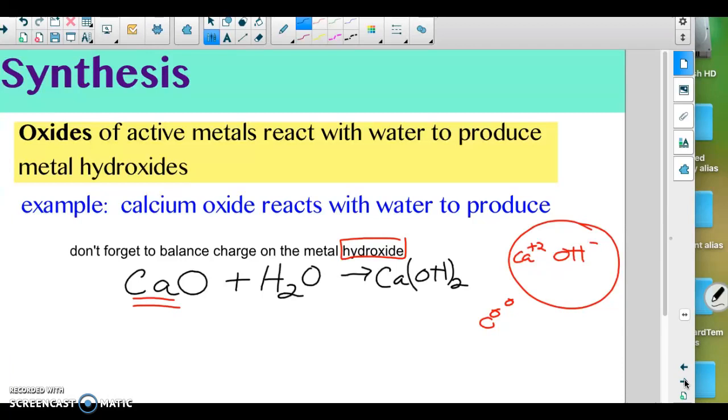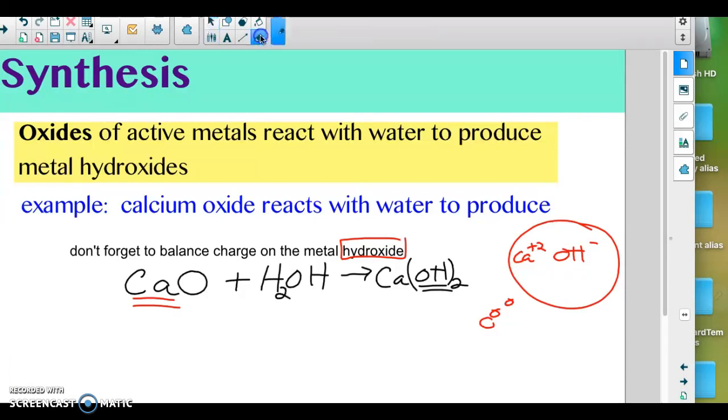This is one where, because you have a hydroxide, when you balance, it's helpful to write water as HOH. Actually, I didn't need to; I have H2O, let's just leave it at that.